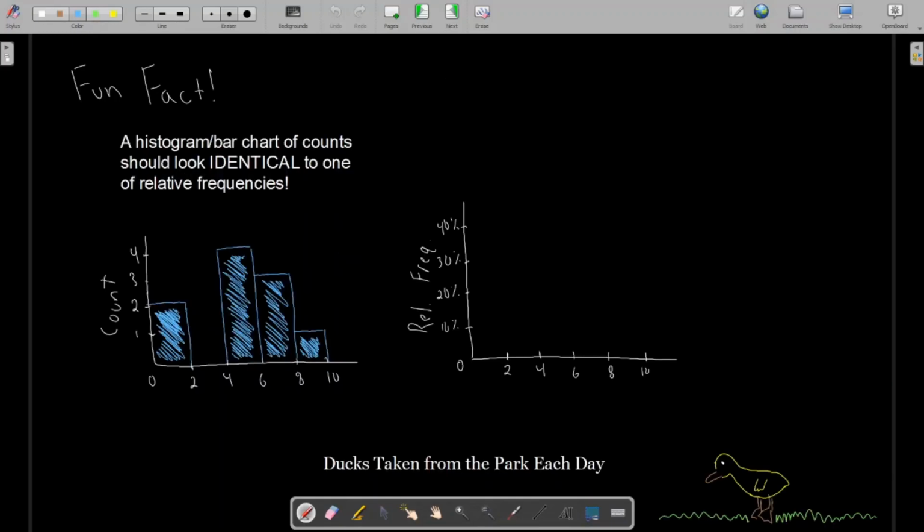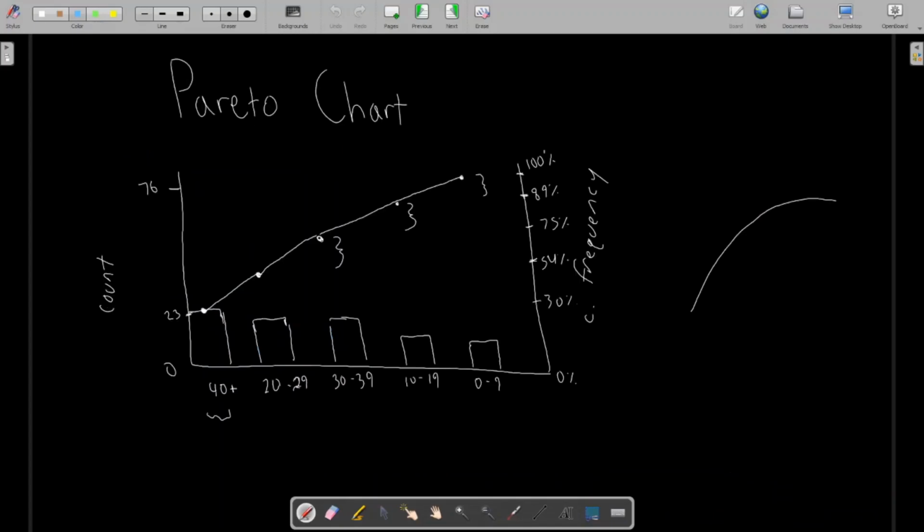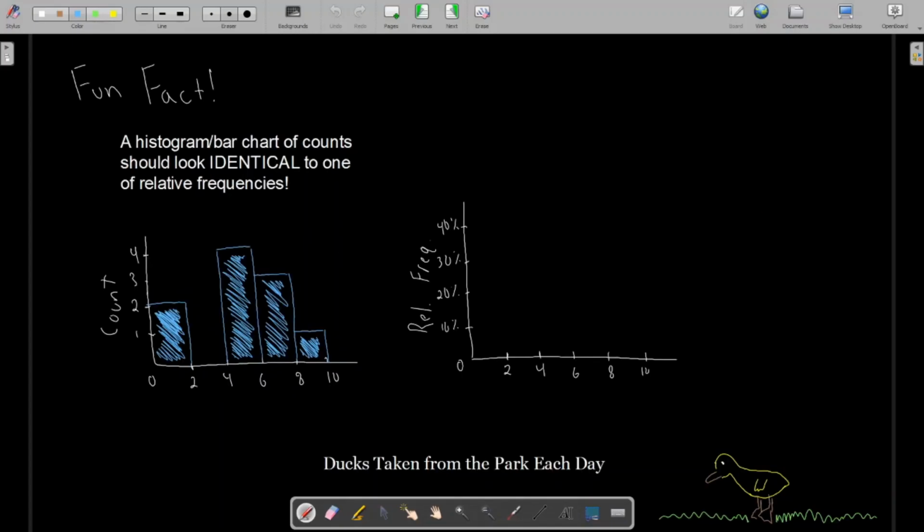This is just one local park near my house. We have a number of ducks taken on the x-axis, and on the y-axis we have however many days that number of ducks was taken. And so this is just a contrived example. But if we were to try to graph the relative frequency, we'll find that it looks the exact same.